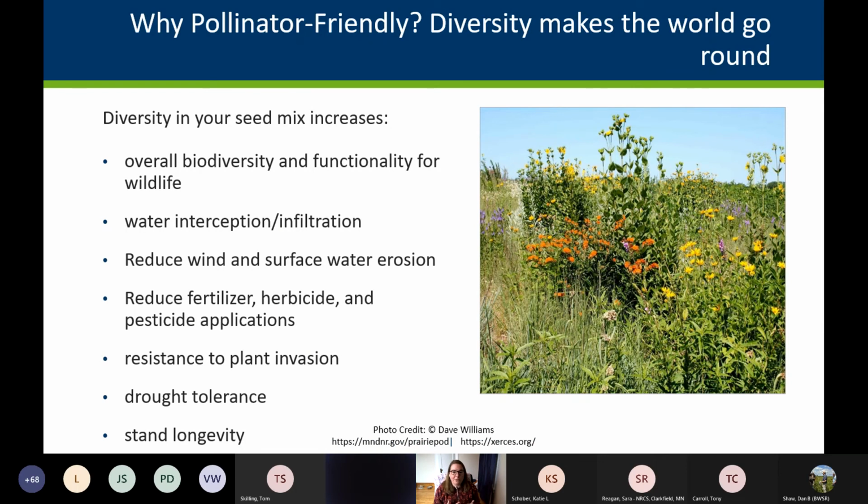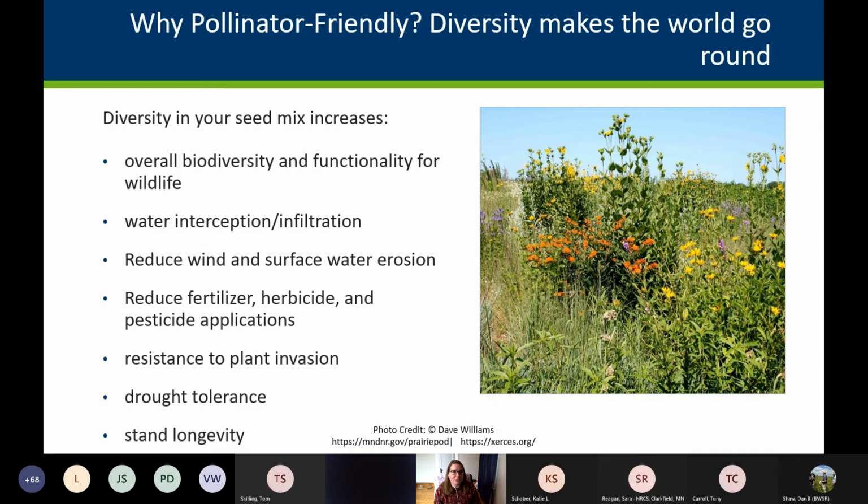So when we think about pollinator friendly, we're looking at the main principles of designing, I don't want to say good, maybe decent prairie habitat is what we should say. Trying to be decent. So diversity makes the world go round, right? The goal is we want to make sure that our diversity is high enough so that we have functionality for wildlife, so that we can do all of those stackable benefits that I already mentioned earlier.